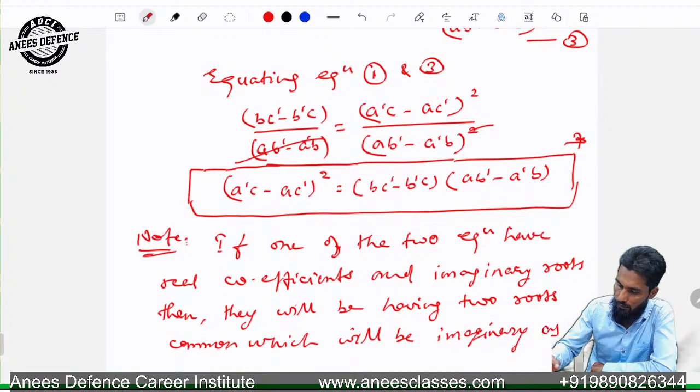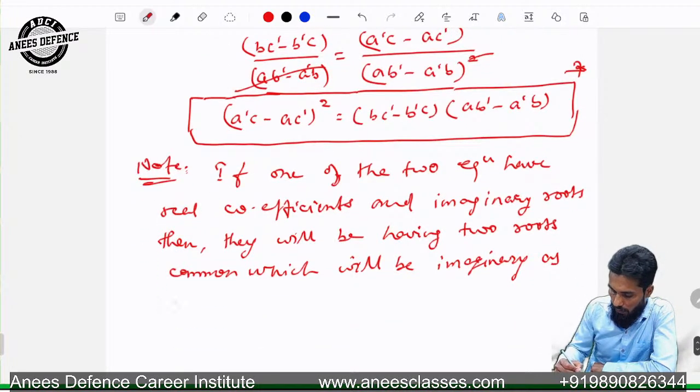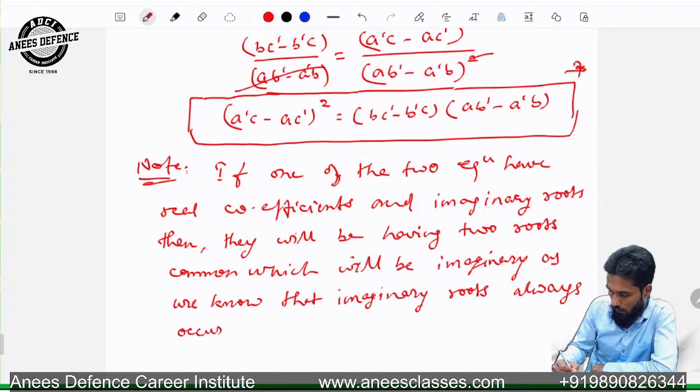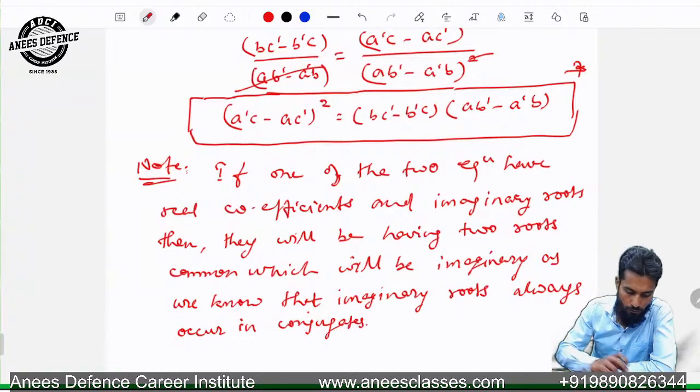As we know, imaginary roots always occur in conjugates. Fine. So this is all the theory part for today.